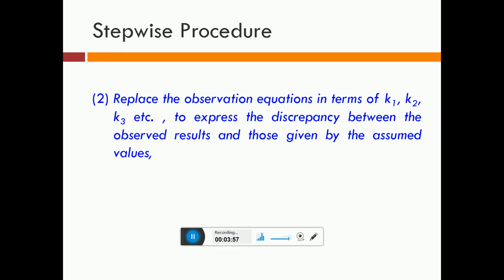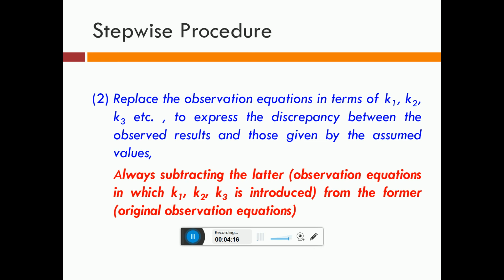So, replace the observation equations in terms of K1, K2, K3, K4, etc., to express the discrepancy between the observed results and those given by the assumed values, always subtracting the latter from the former.